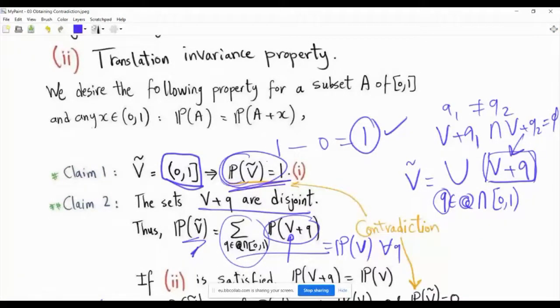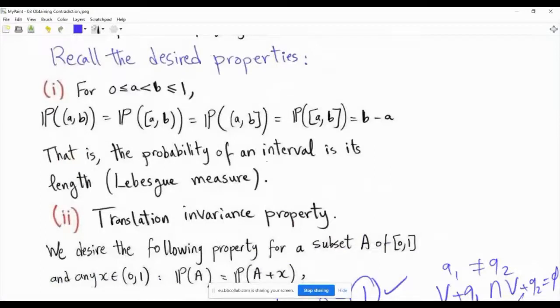be equal to 1. So the conclusion is that we cannot satisfy these two properties here, okay, that the length of an interval is its probability, and translation invariance.